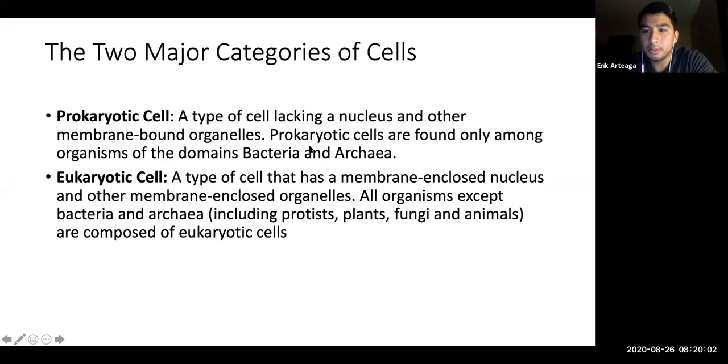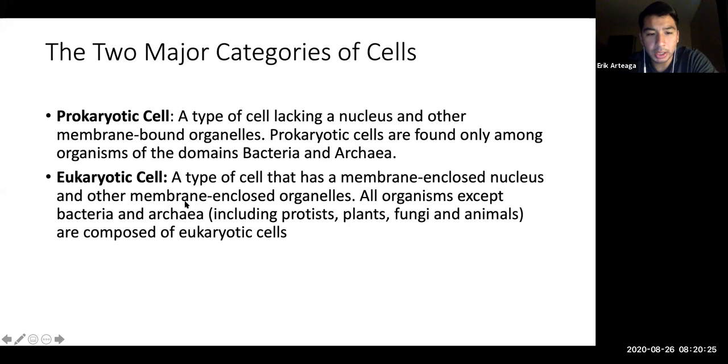Okay, and these are going to be very, very simple organisms when compared to eukaryotes, right? They don't have organelles, they don't have a nucleus, they have free-floating circular DNA and ribosomes and enzymes and cell walls, things like that. But again, they're very simple in comparison to a eukaryotic cell, and we'll see why in a minute.